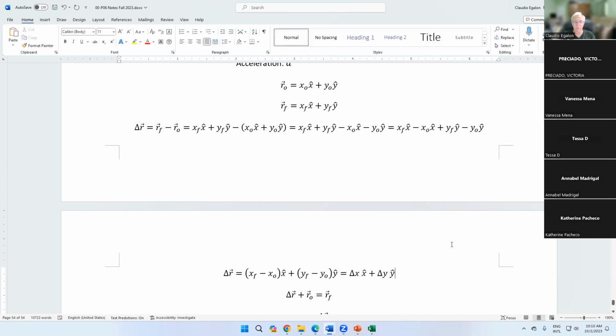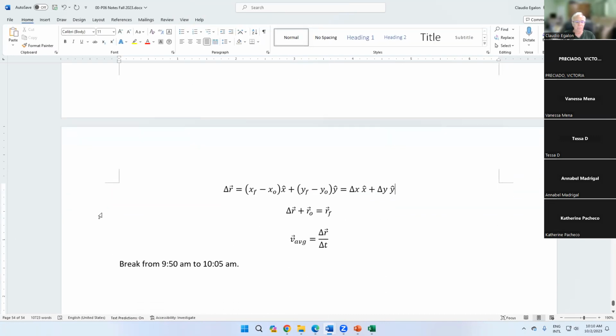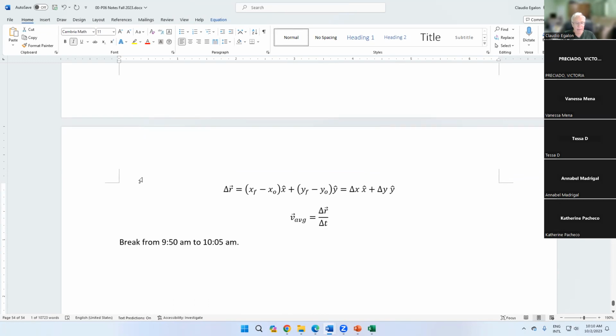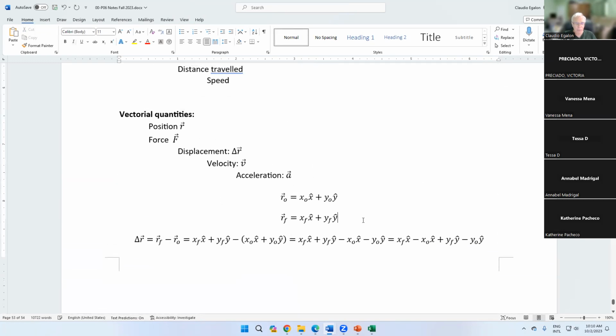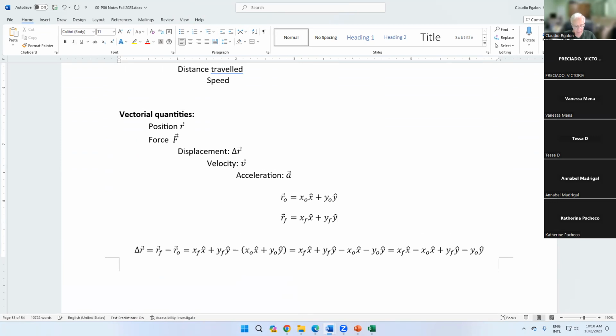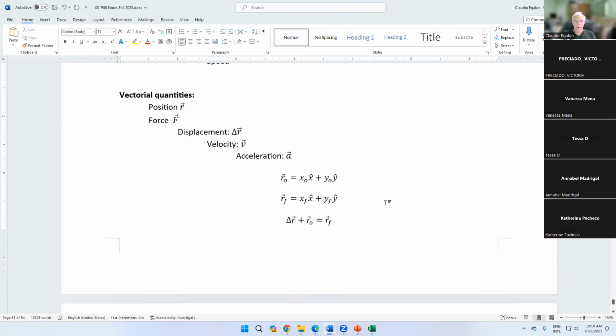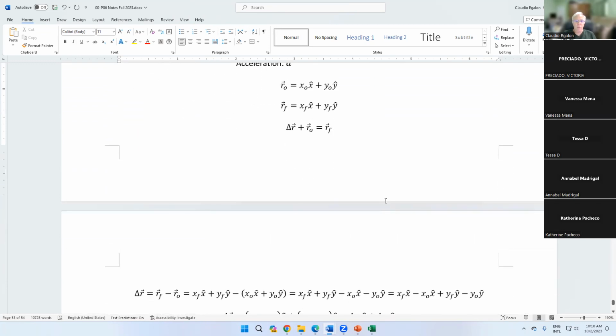I want to move this upstairs, which is just another way of showing how delta r is related to r naught and rf.